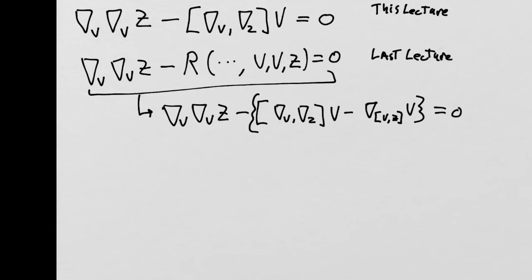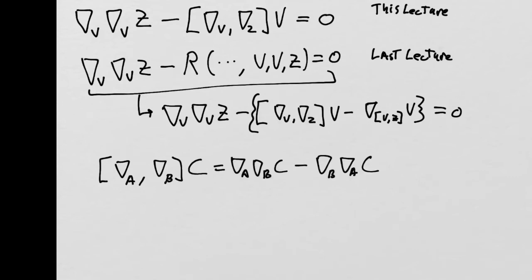So to do that, we're going to have a close look at this general construction. The covariant derivative in the direction A, the covariant derivative in the direction V, acting on a vector C, right? So this is literally going to equal this thing right here.